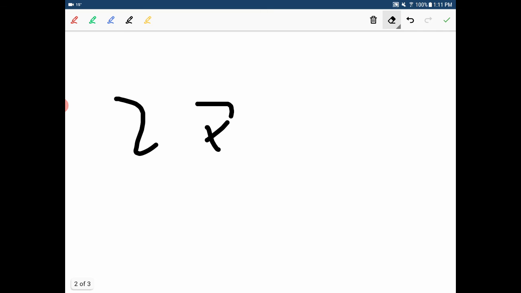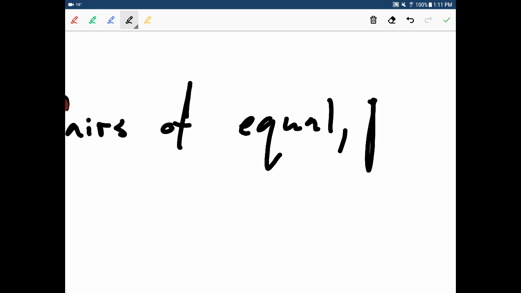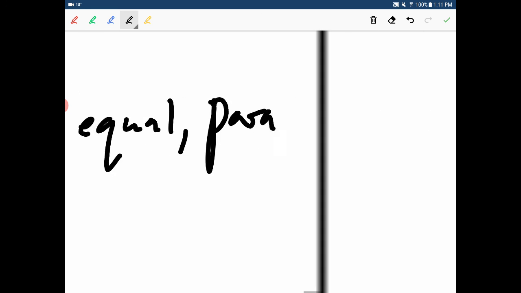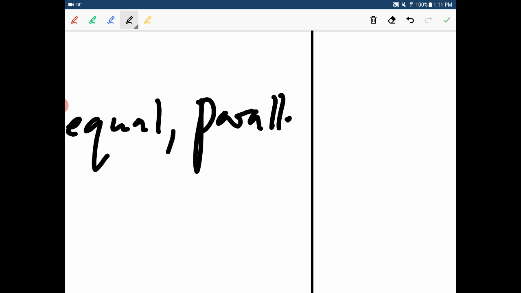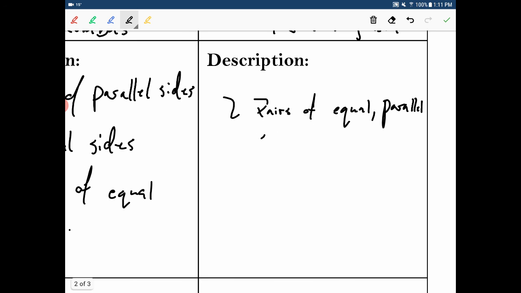Let's try that again. 2 pairs of equal, parallel sides. All right, so we got 2 pairs.